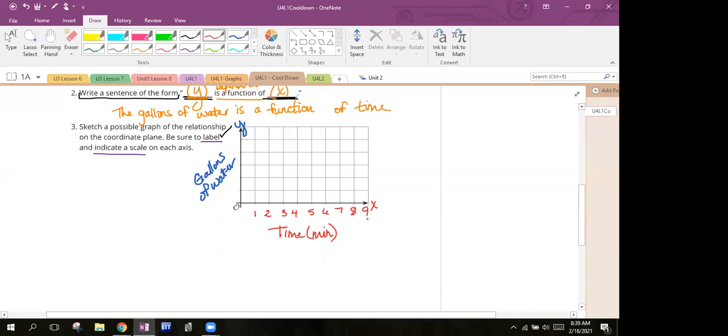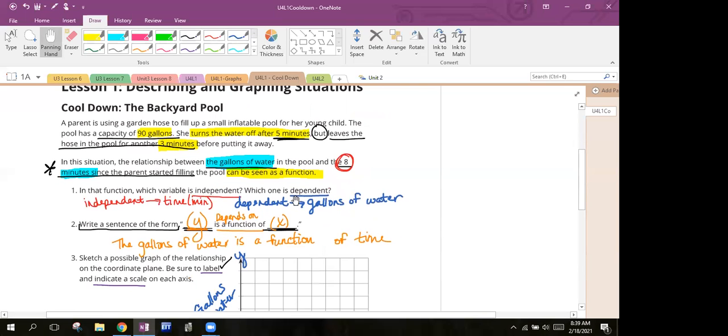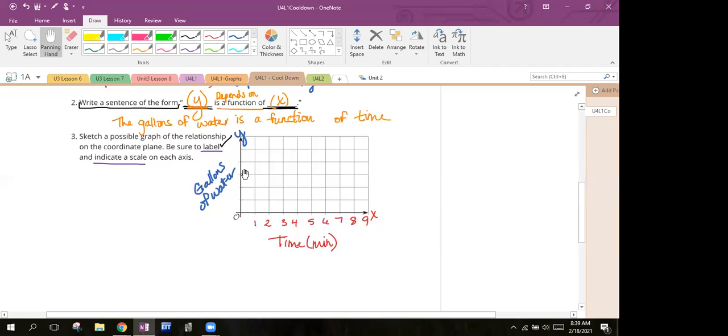All right, now we have gallons of water. How many total gallons could we fit in this swimming pool? Does anyone remember? 90 gallons. So that needs to be at least my maximum when we're scaling it. How could I count off this scale to where I could at least get to 90? So what can I count by?